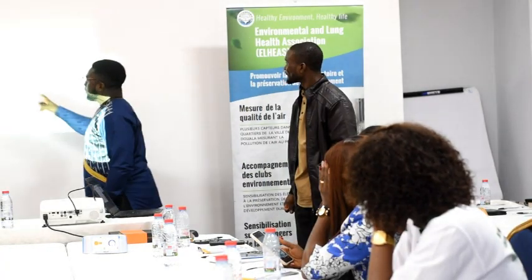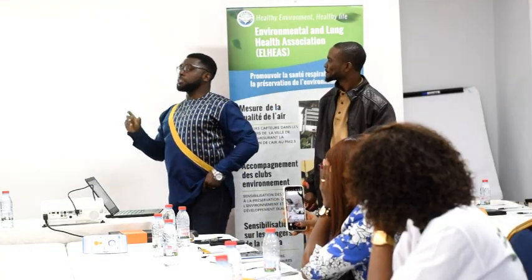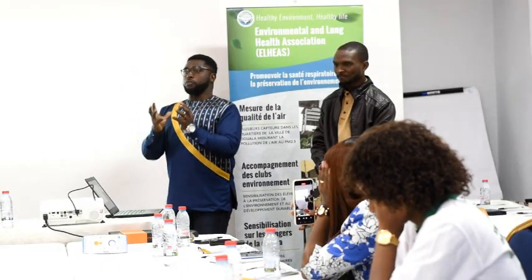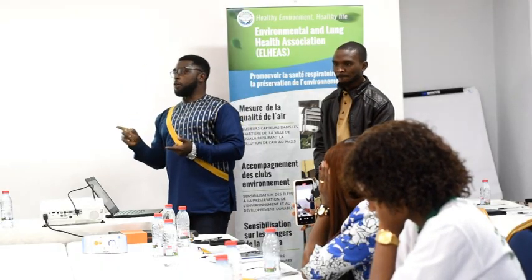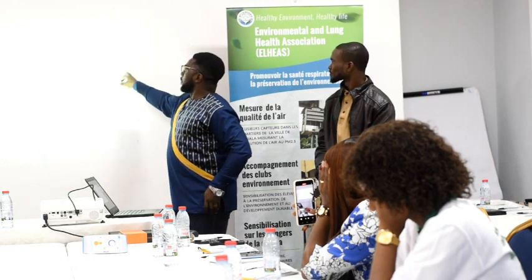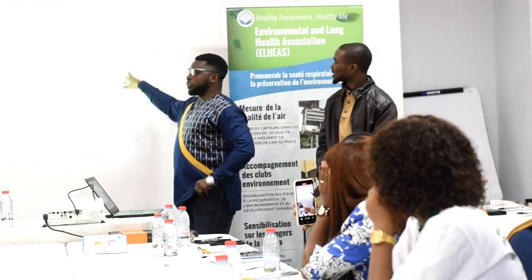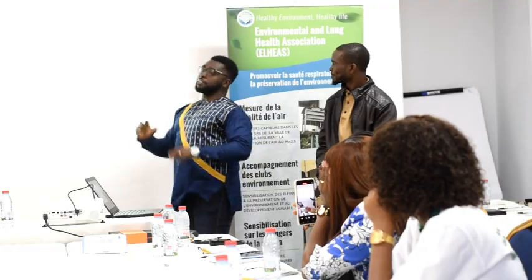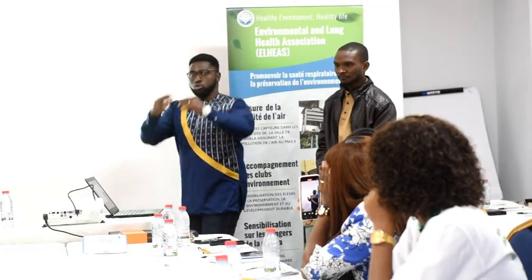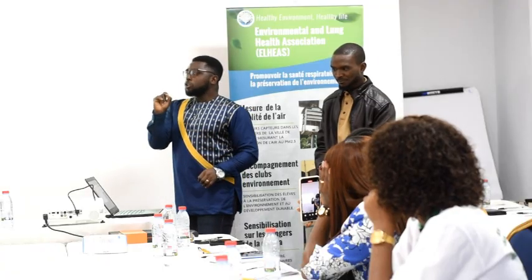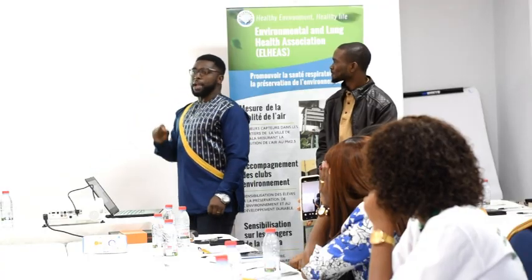And even the unit, you're saying that this microgram per meter cube, you have never understood what it is, actually. Microgram per meter cube simply means that in a cubic meter of air, for example, if you have 5 microgram per meter cube of particulate matter 10, it means that in a cubic meter of air, the maximum amount of particulate matter that is supposed to be there is 5 microgram.